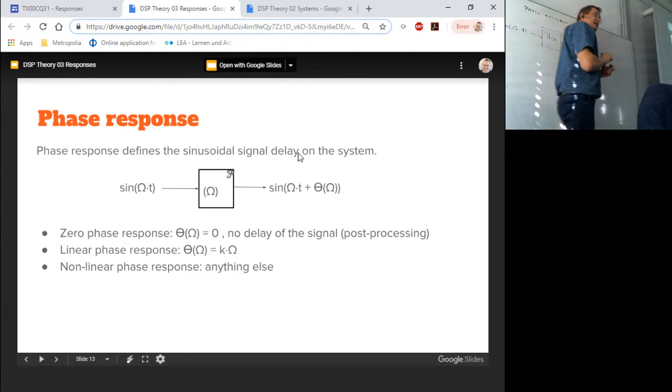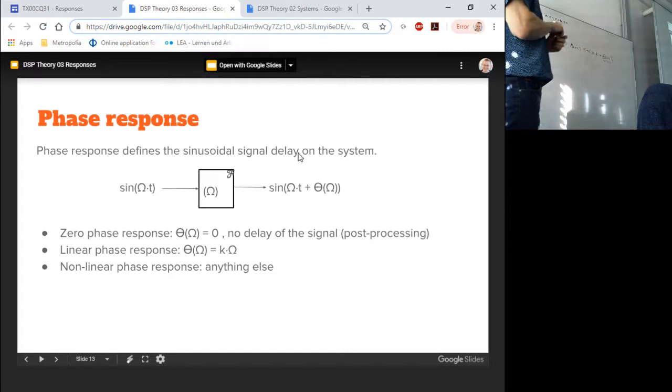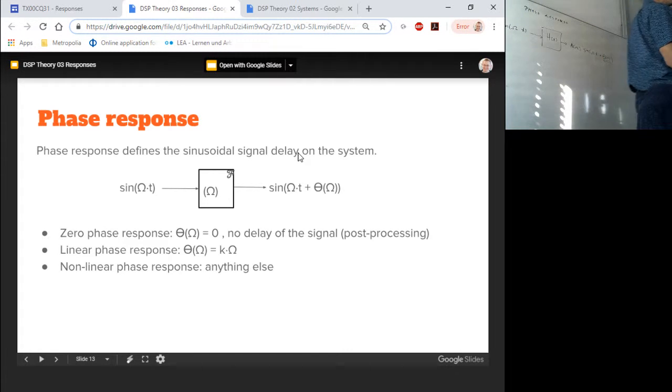So this phase response is practically just how much the phase of that frequency is delaying on the system.